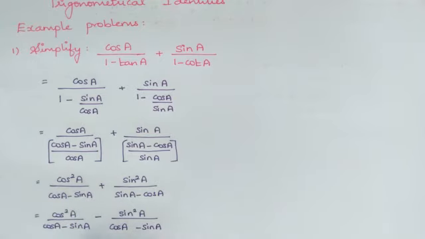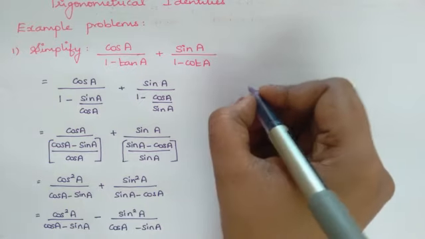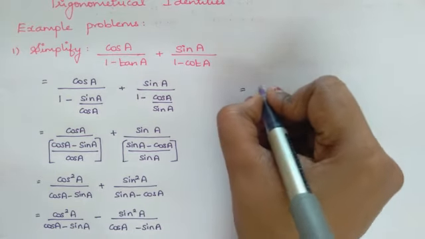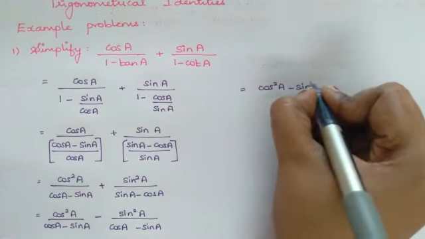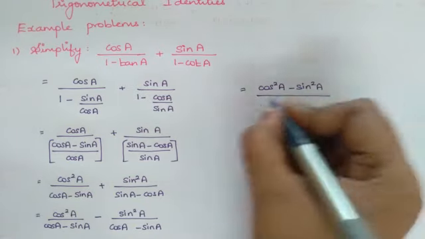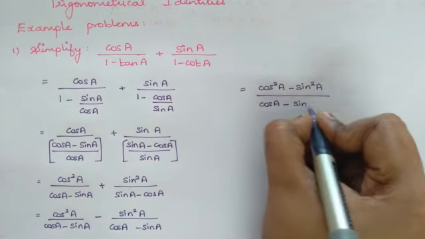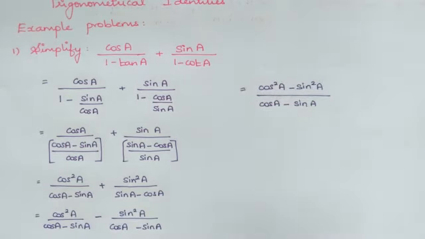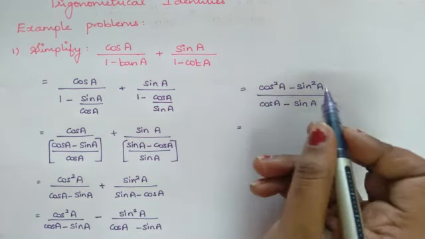Now the denominators are the same. So what can we do? We can club the denominators together. So this becomes cos square A minus sin square A by cos A minus sin A. Now this is like A square minus B square.